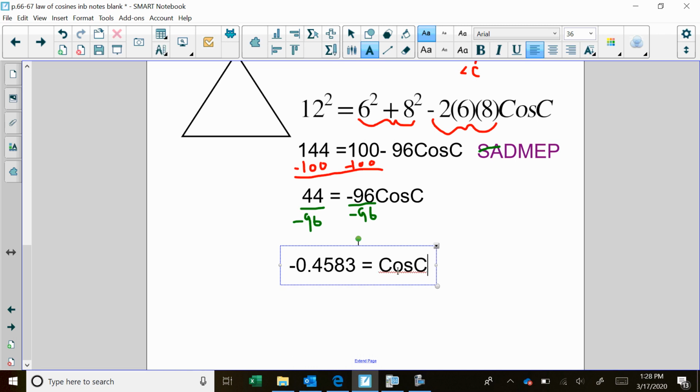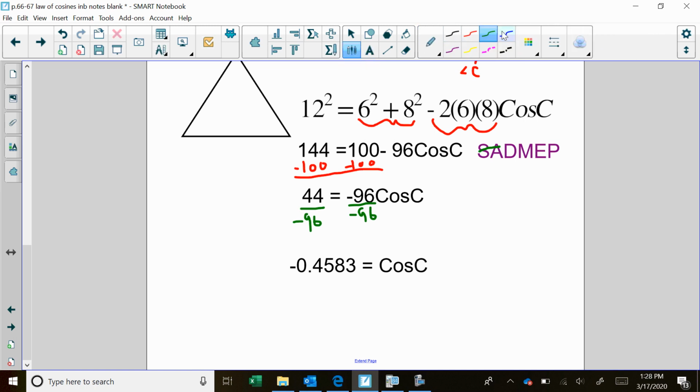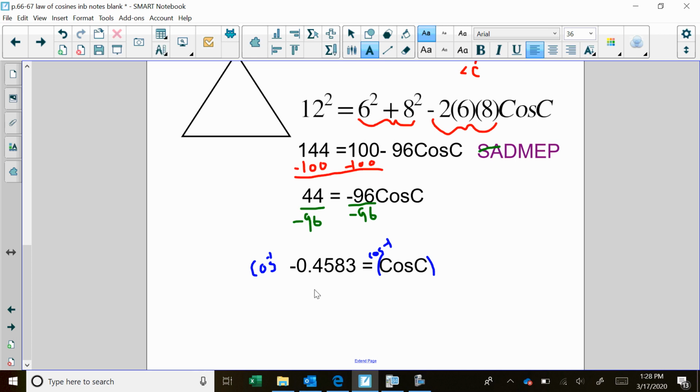And so how do we get cosine to go away, guys? I think I heard somebody in the back say we use inverse cosine. So inverse cosine will cancel this out. Take that to your calculator, making sure you're in degree mode.